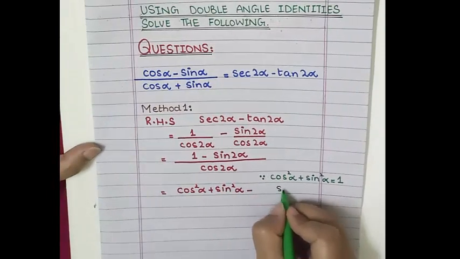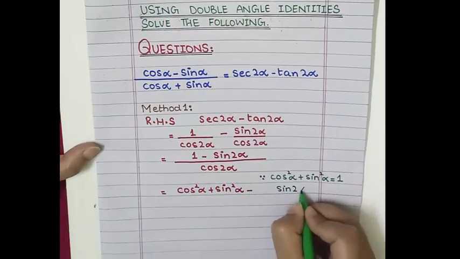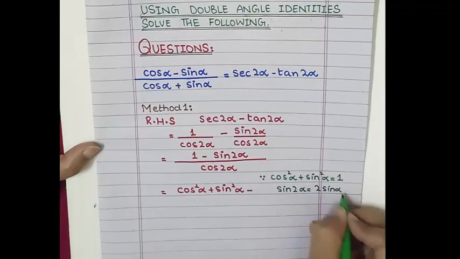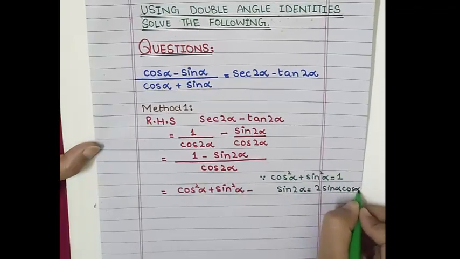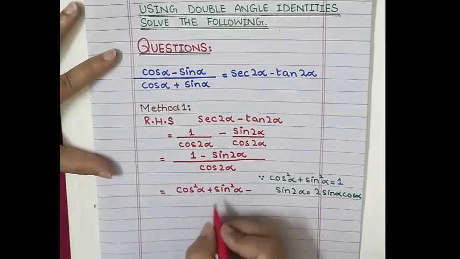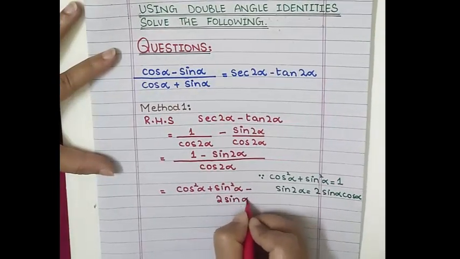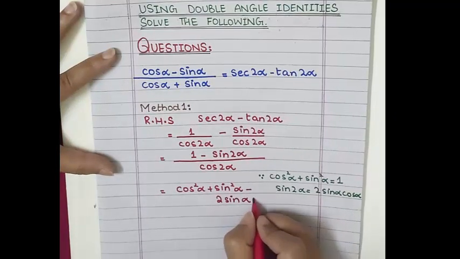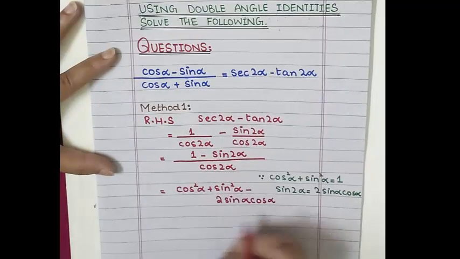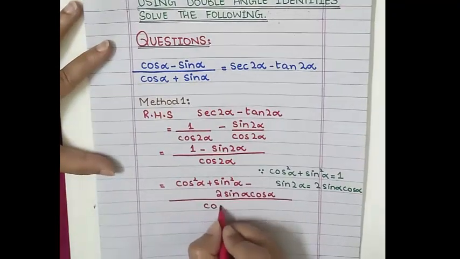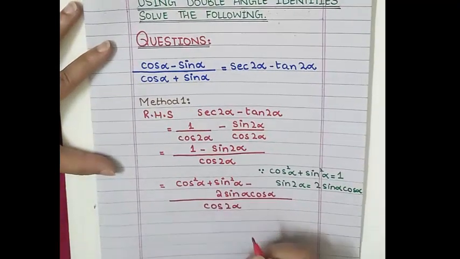The sin 2 alpha is equal to 2 sin alpha cos alpha. So writing the formula, 2 sin alpha cos alpha divided by cos 2 alpha.